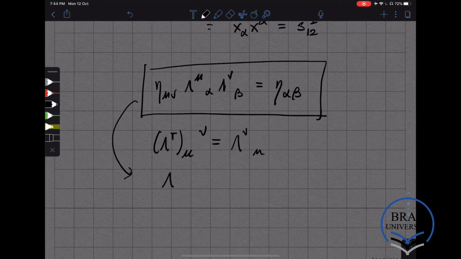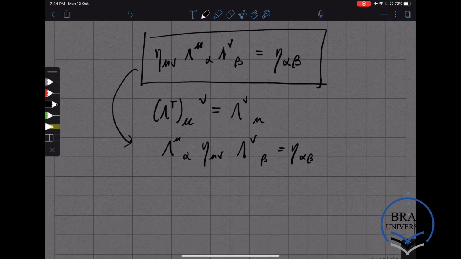We have Λ^μ_α η_μν Λ^ν_β equals η_αβ, but the first thing is the transpose of Λ_αμ.